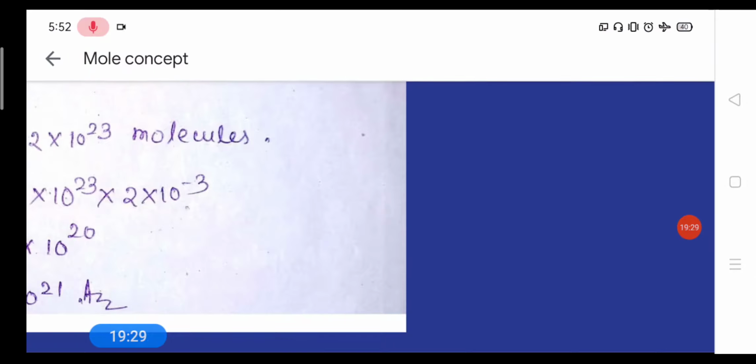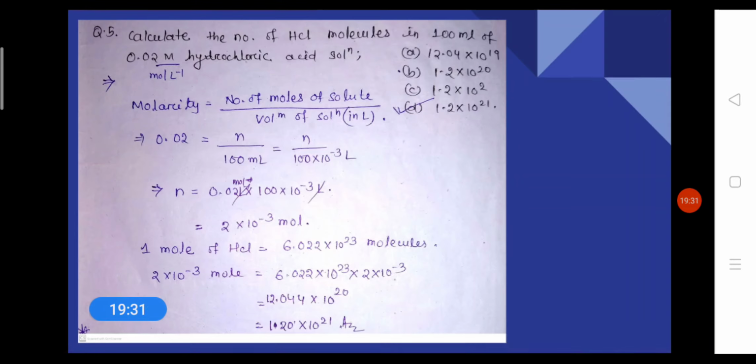These are another type of question. Calculate the number of HCl molecules in 100 ml of 0.02 molar hydrochloric acid.